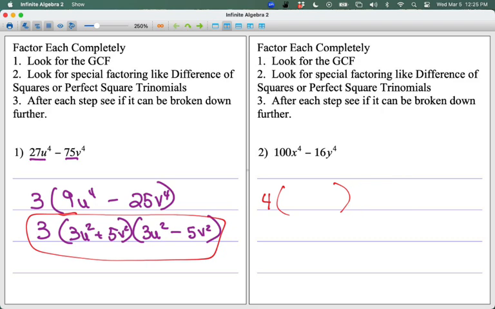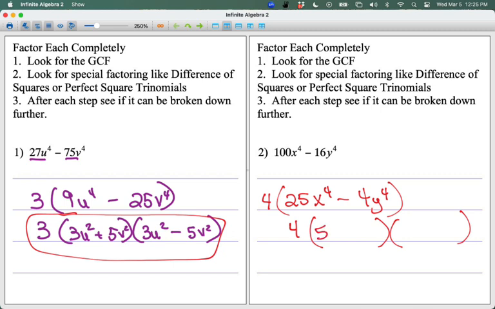This, after I take out the 4, is 25x to the 4th minus 4y to the 4th. And yes, this still is a difference of squares. So that will factor into 2 more binomials, but don't forget your 4 to bring it down.